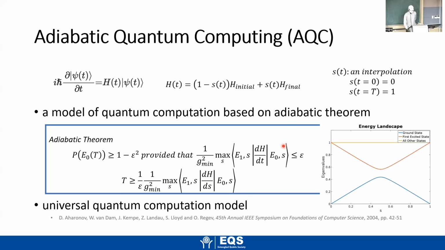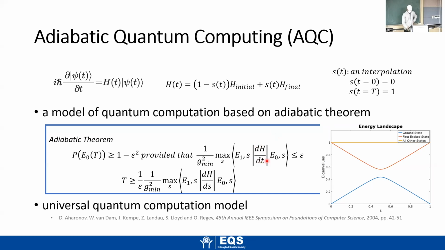In this inequality, g_min represents the spectral gap, and the spectral gap means the energy difference between the ground state and the first excited state.